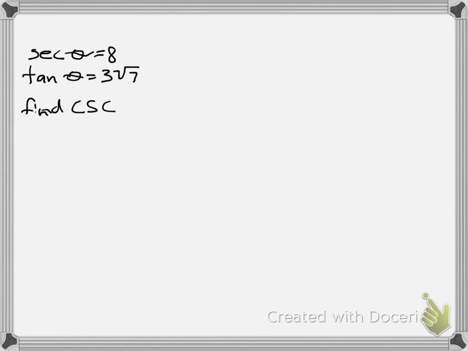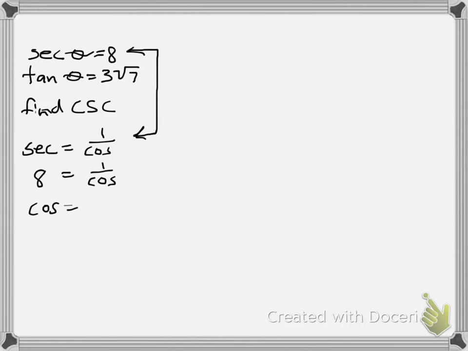Alright, well, I'm looking at secant there, and I know that it is the inverse function of cosine. So secant is equal to 1 over cosine. And so if the secant is 8, cosine, of course, would be equal to the inverse of that, or 1/8.